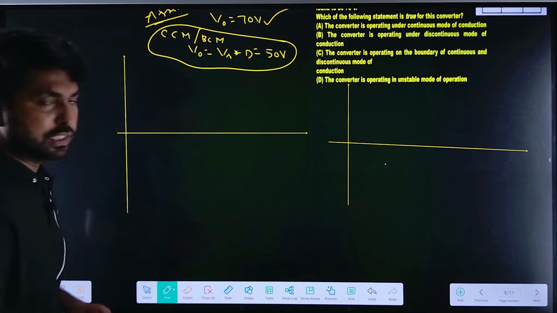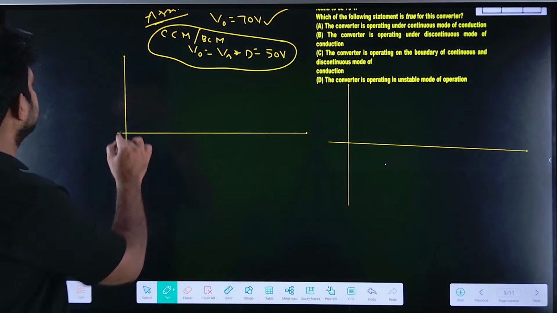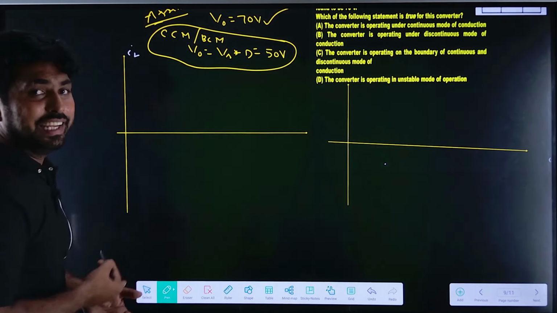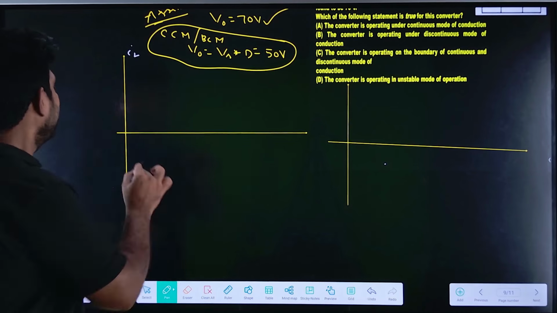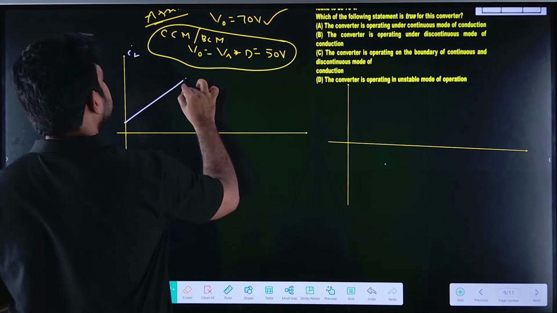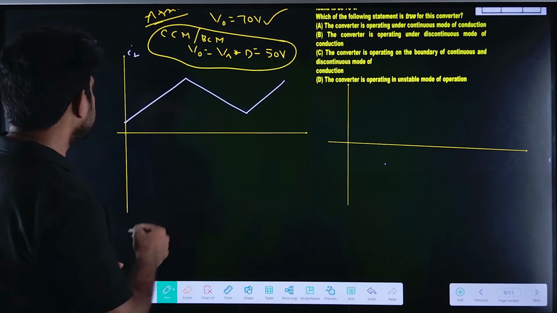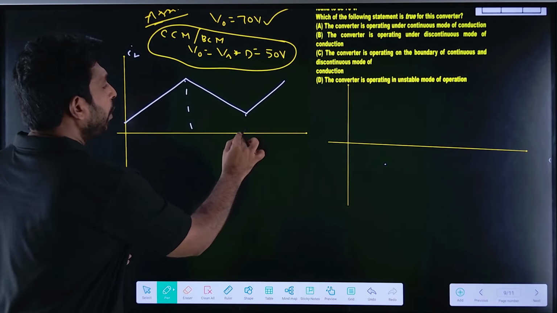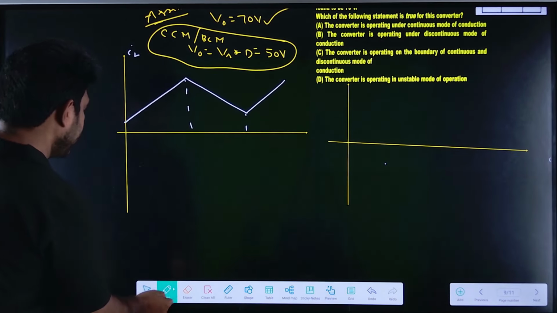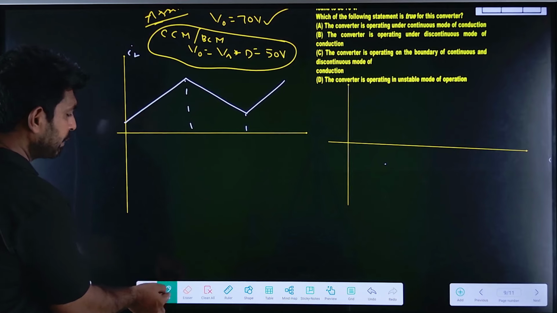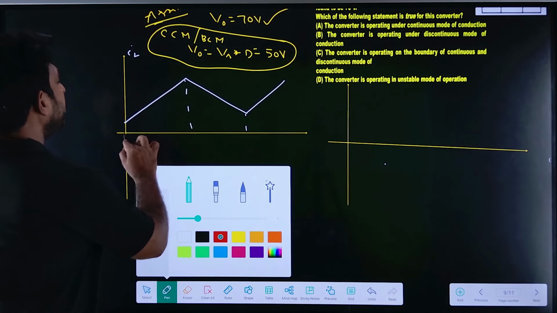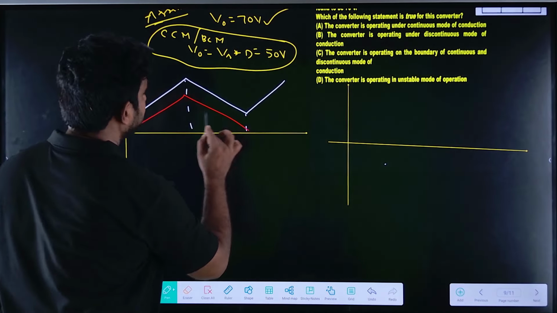Understand the concept first, so you can answer very easily. Let me draw the IL first. In case of continuous conduction mode, the IL will be like this. In case of boundary conduction mode, the IL will be like this.